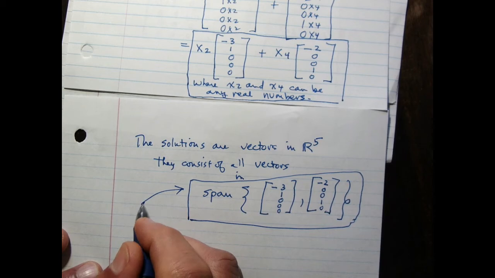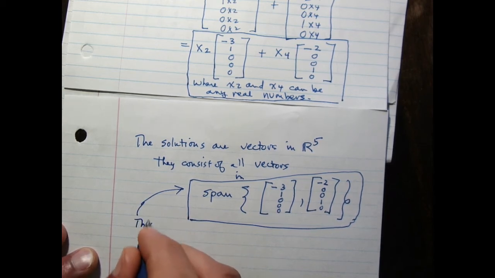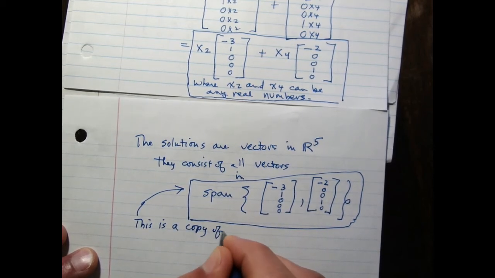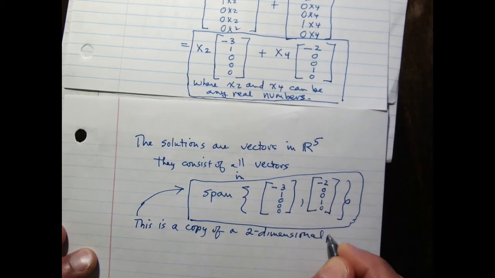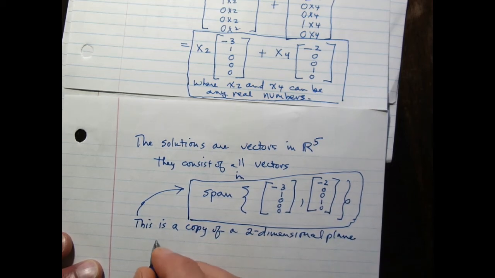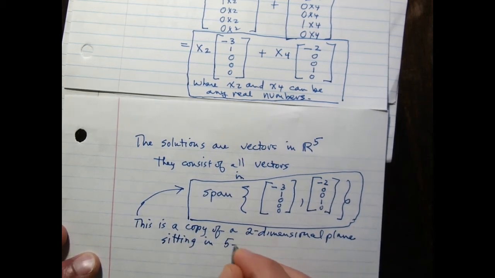This is a copy of a two-dimensional plane, because it's a span of two vectors, sitting in 5-dimensional space, whatever that is.